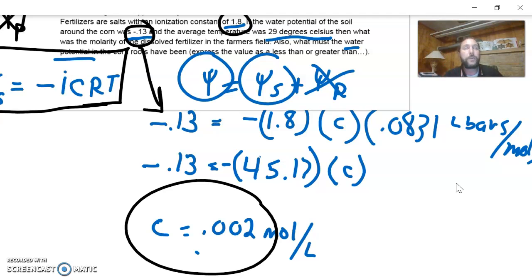So if the plants were wilting because water was going from someplace into the soil, then that means this value, the soil water concentration, must be less than the solute concentration of the root.